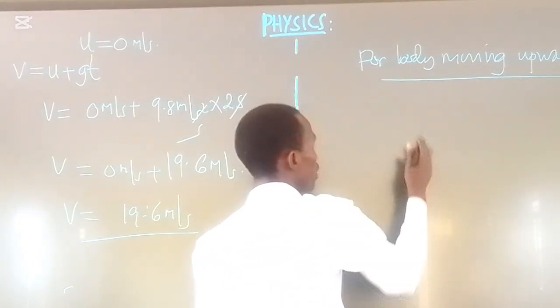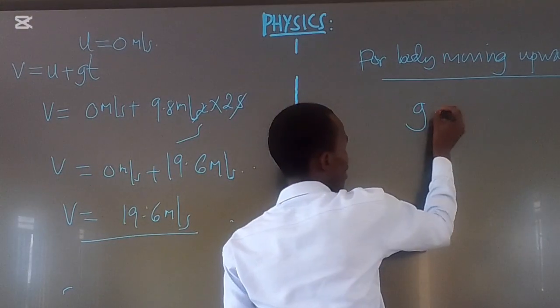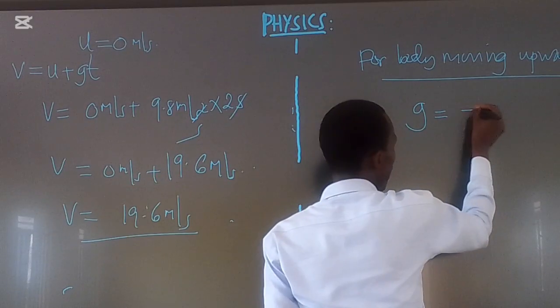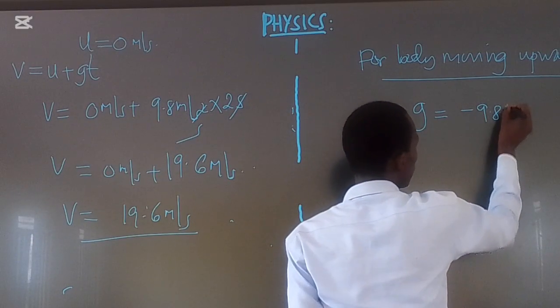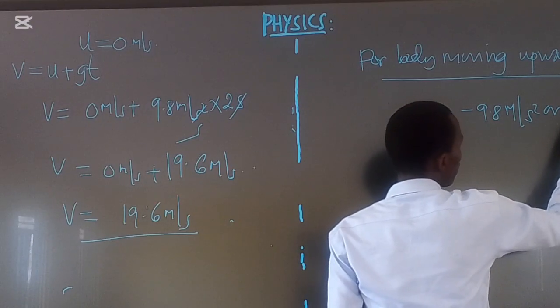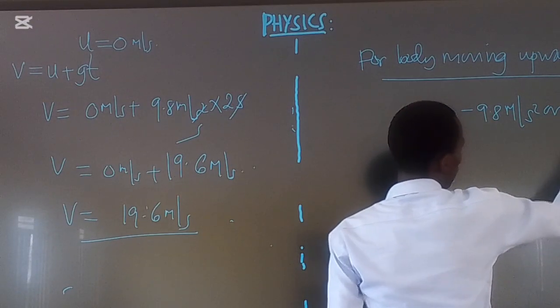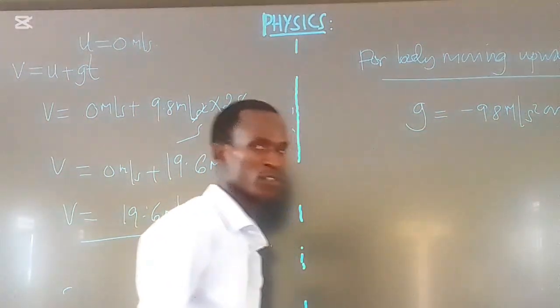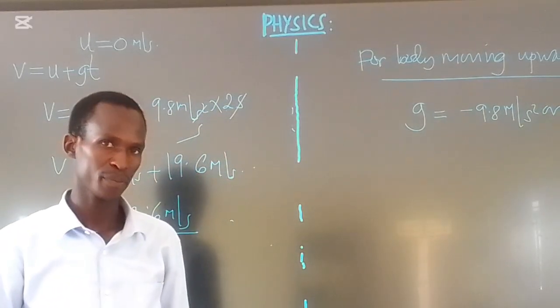So for the body moving upward, the value of acceleration due to gravity becomes negative 9.8 meters per second squared, or we can take 10 meters per second squared.